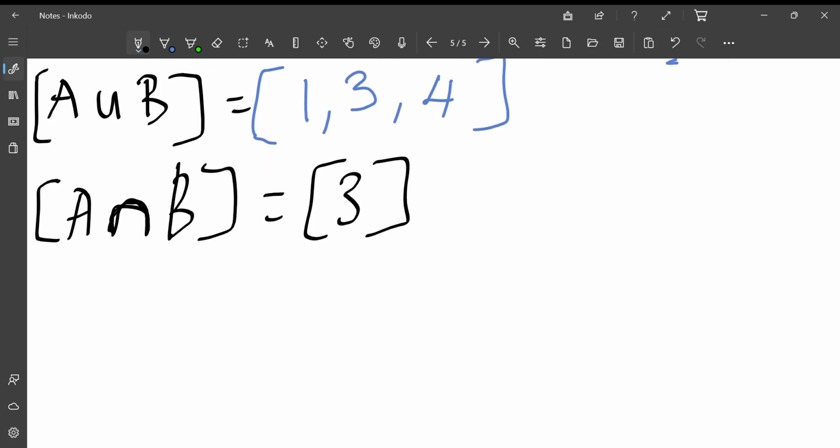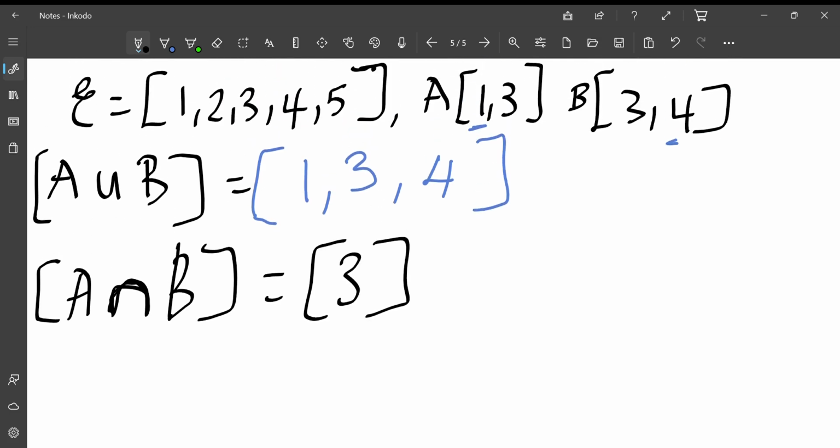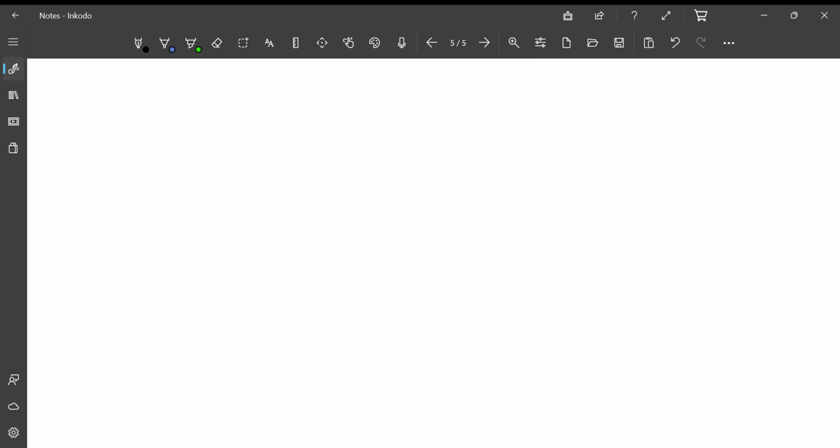So look at this particular example. Sometimes in sets, you are not given all the numbers written out like this. The universal set, they might want to confuse you, and they will just give you something like this.